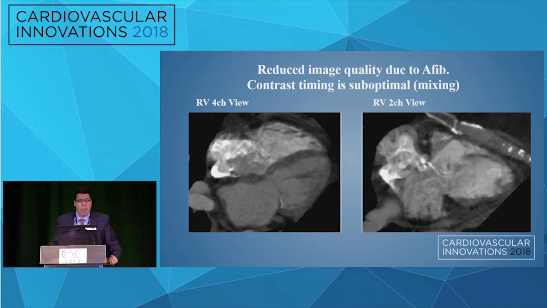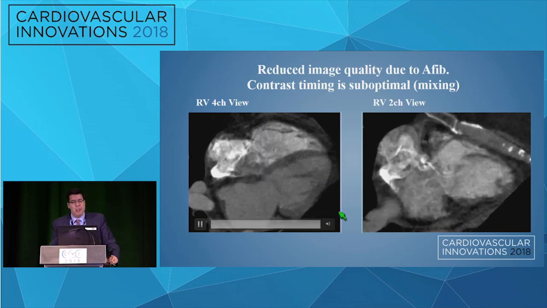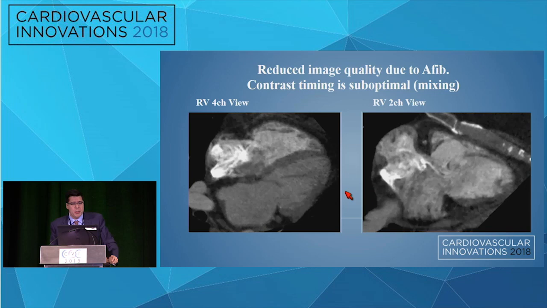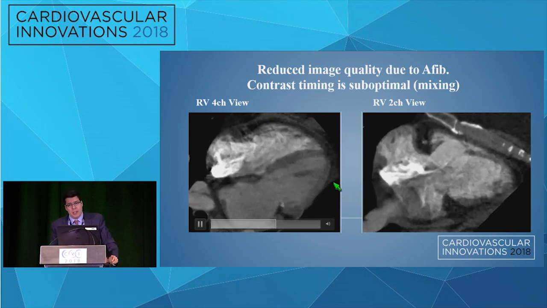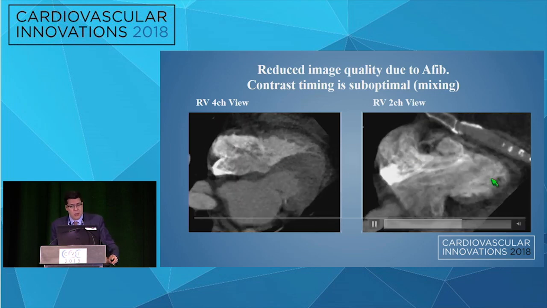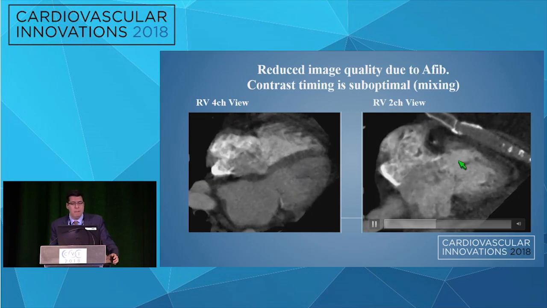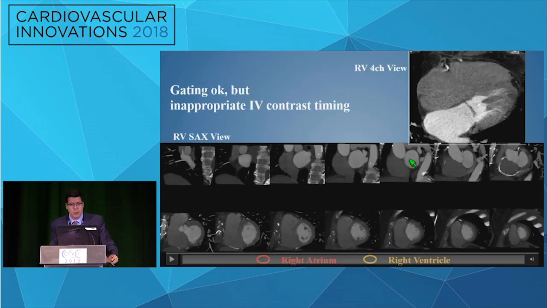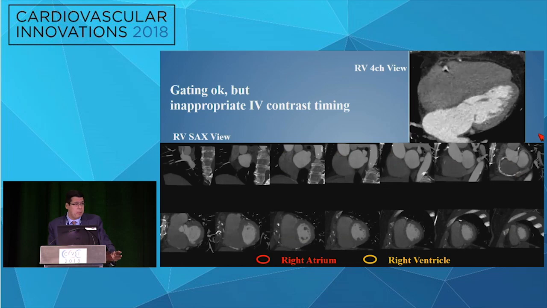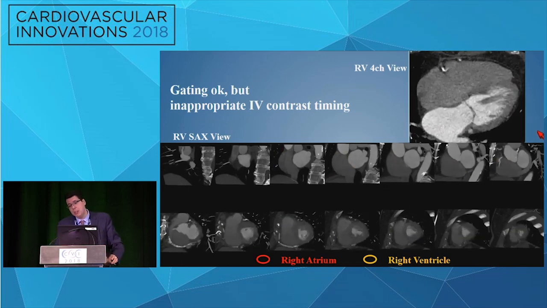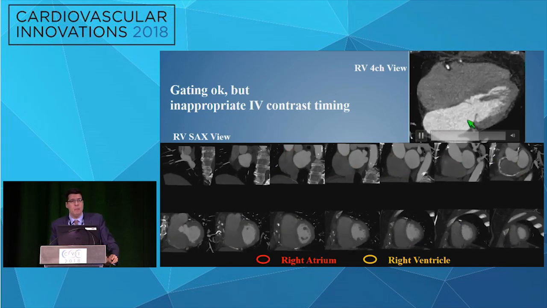This is just an example of a scan of a patient for tricuspid valve intervention. As you can see, in patients in atrial fibrillation going fast, you do not see so well, it's blurred. And there is a lot of contrast mixing as well. This one actually had appropriate gating, but the contrast was more on the left side, not on the right side.